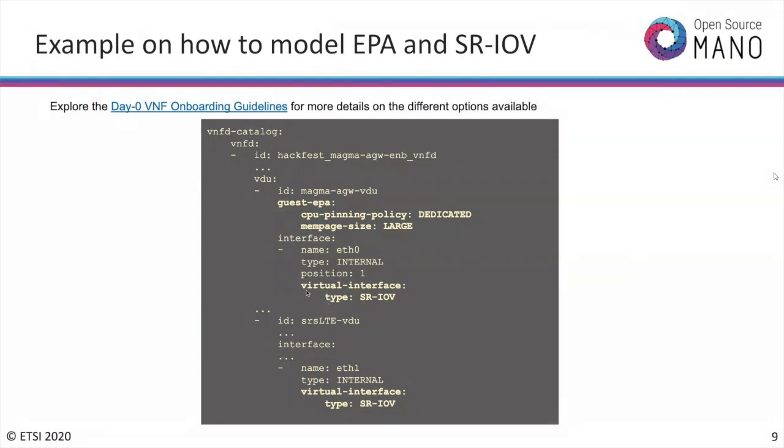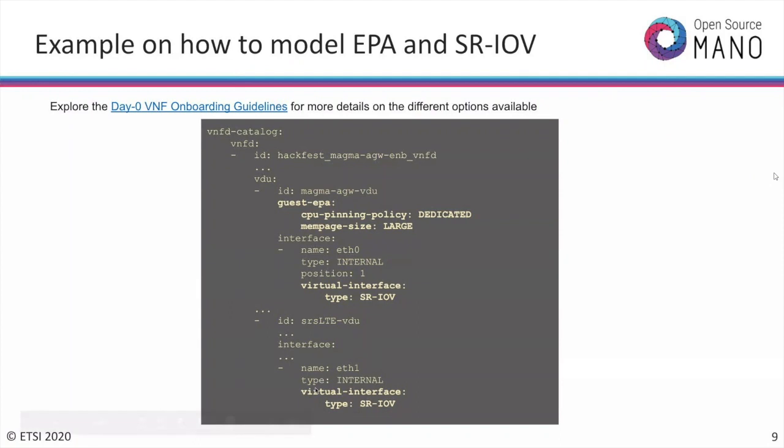But this is not necessary if you are setting SR-IOV. As I mentioned, if you enable an interface with SR-IOV type, then these other things are implicit today. But in the future, we may choose to implement this in a way that you can just test CPU pinning, or test huge pages, or test SR-IOV separately.